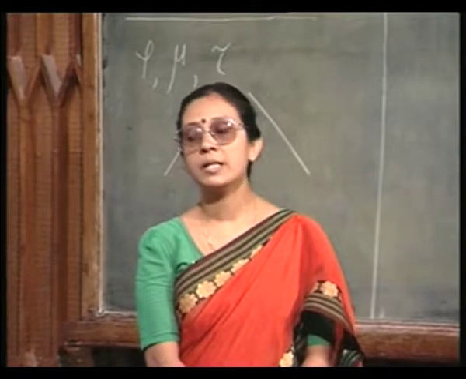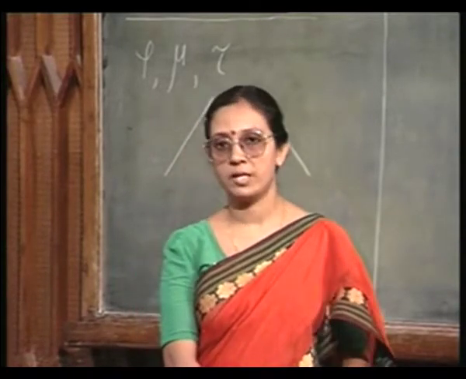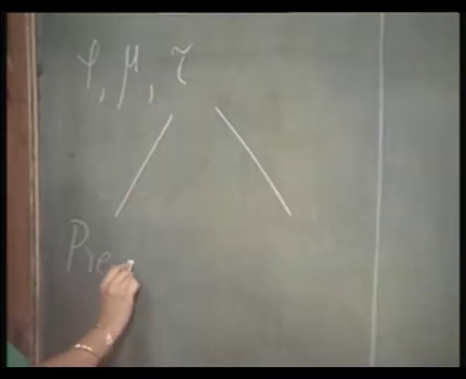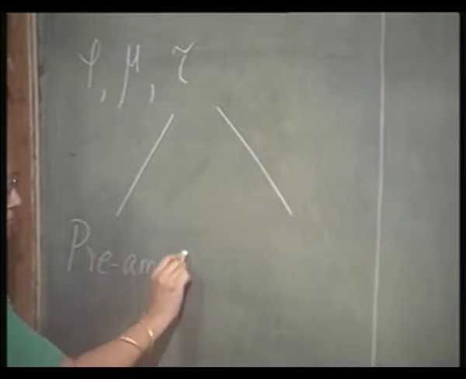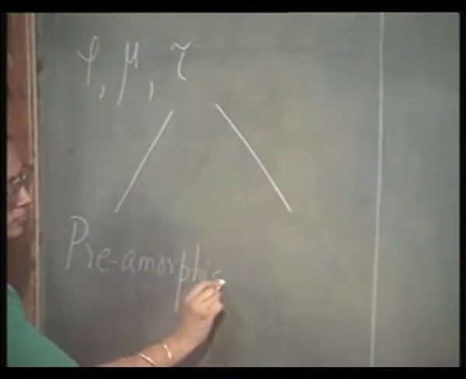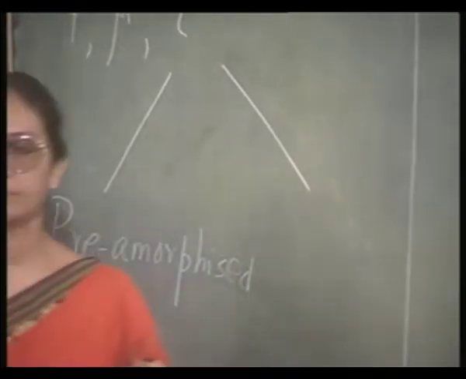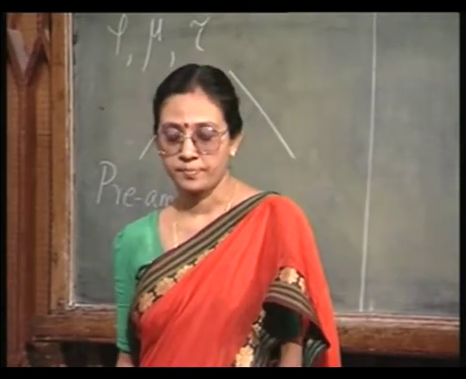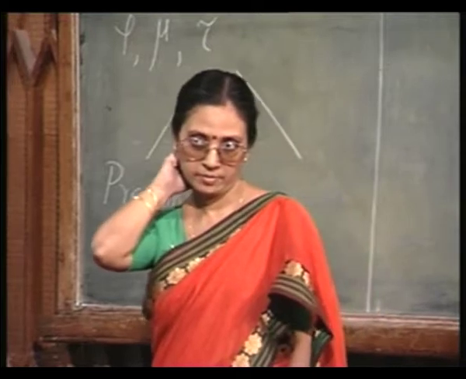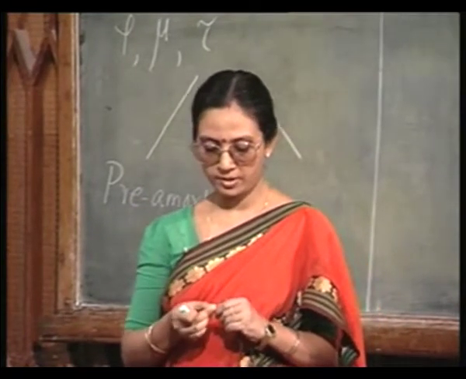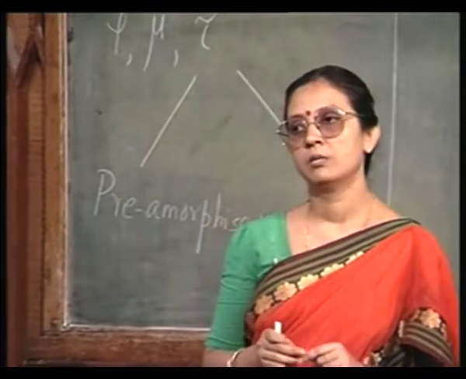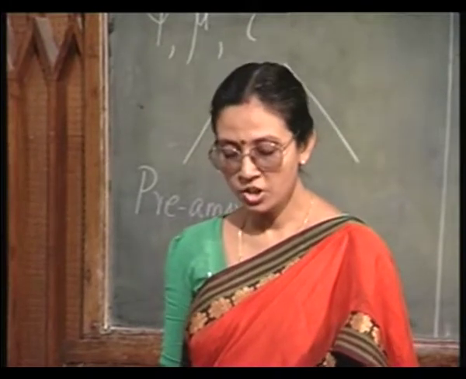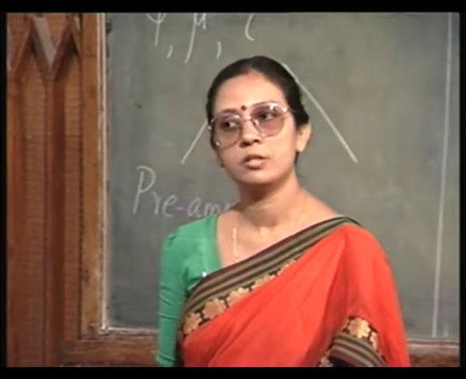One is where the material has been pre-amorphized, and the other where the material is not pre-amorphized. Let us take the pre-amorphized material first. Let us say we are annealing it at a low temperature, T is less than or equal to 400 degrees centigrade.